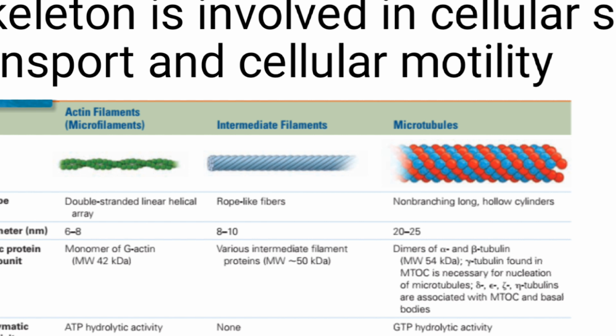The microfilament is an actin polymer. And so in the body, the molecule is called actin. So an individual actin molecule polymerizes with others to create a filament of actin.